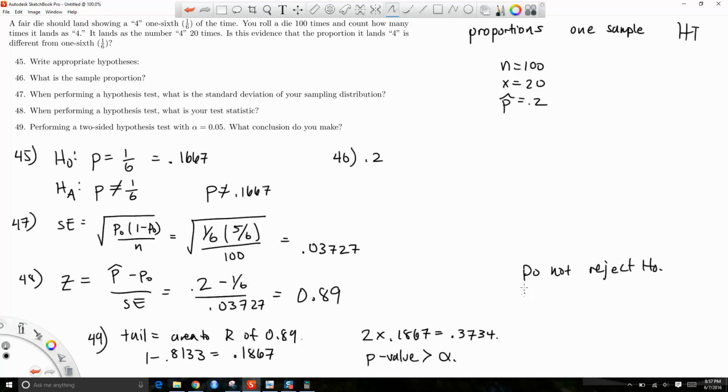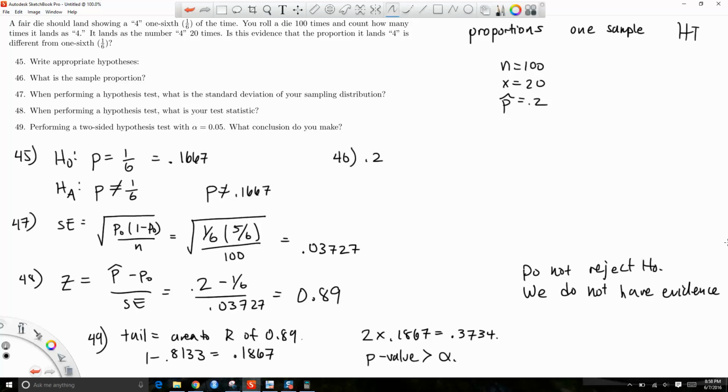And we would say we do not have evidence that the die rolls different from 1/6. What's the two-sided hypothesis saying? Here we would be interested if it rolls the number 4 too many times, or if it rolls the number 4 not enough times. If it was one-sided, we're only interested if the die rolls the number 4 too often, or we're only interested if the die rolls the number 4 not enough.